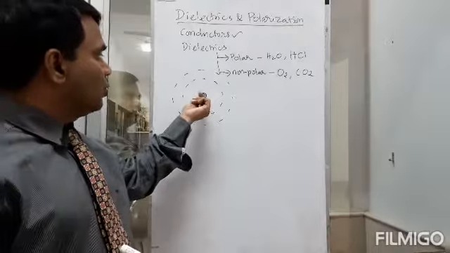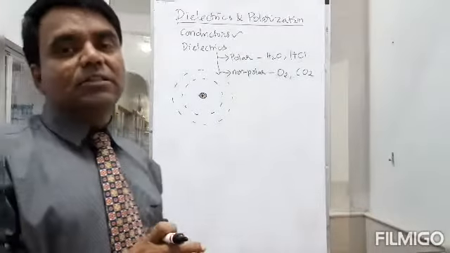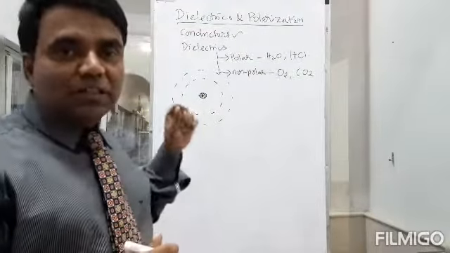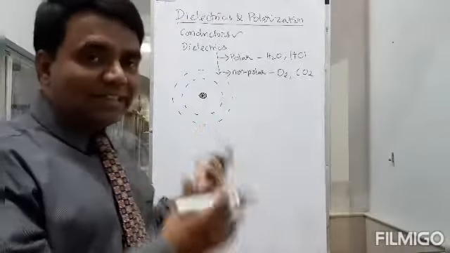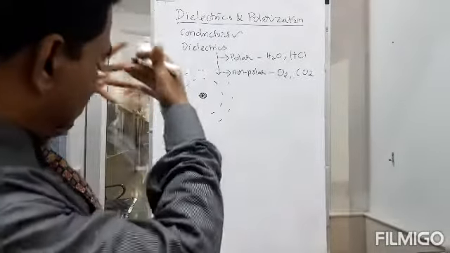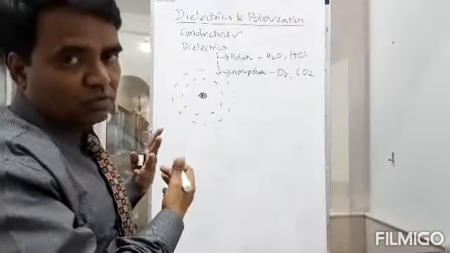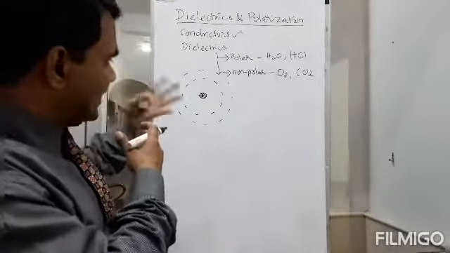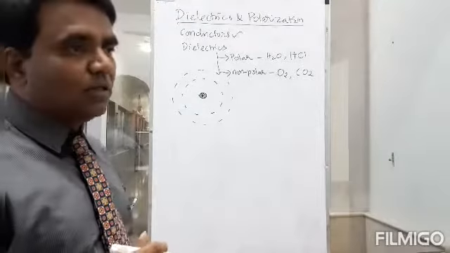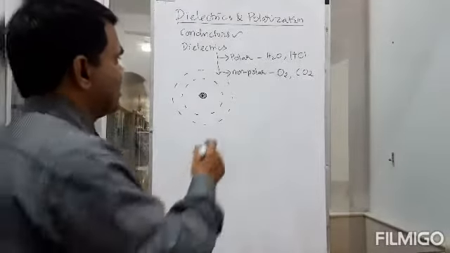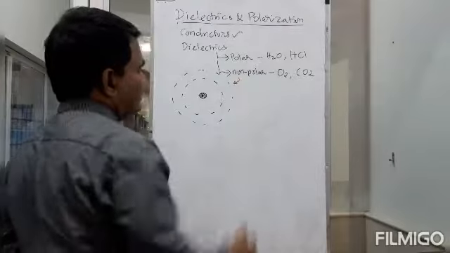So both the positive charge and the negative charge centers coincide, resulting in no net charge for the outside world. So you won't find any net electric field. So these are called non-polar molecules.